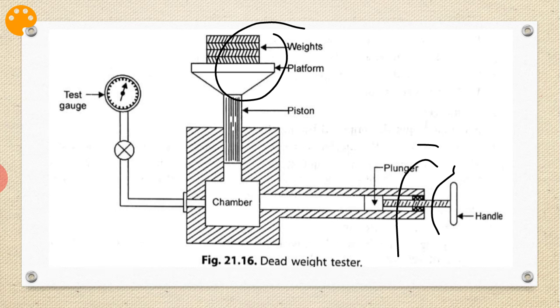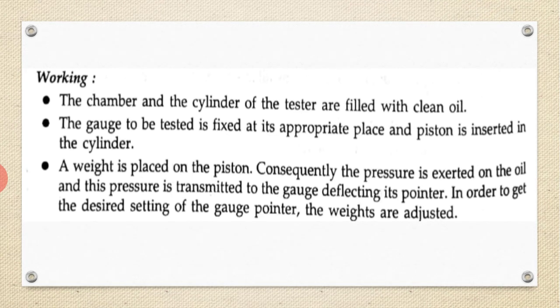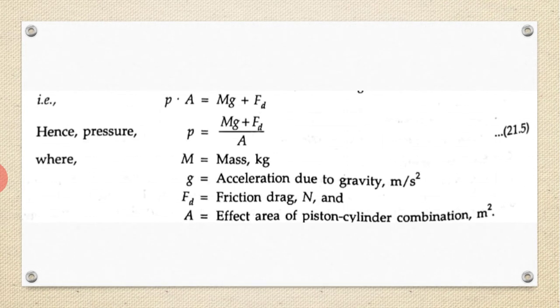The equilibrium is established with the fluid force balanced against the gravitational force of the weights, plus the friction drag. By knowing all these quantities, with the help of this equation, we find the pressure.